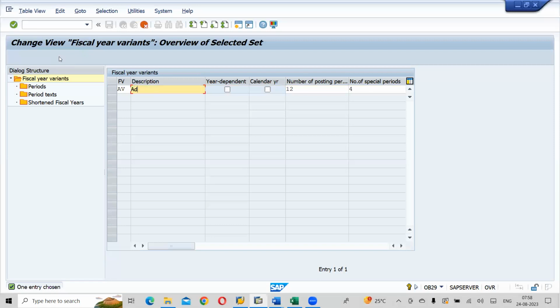So I'll give Adani, April to March, 4 special periods. Just write it down: Adani, April to March, 4 special.